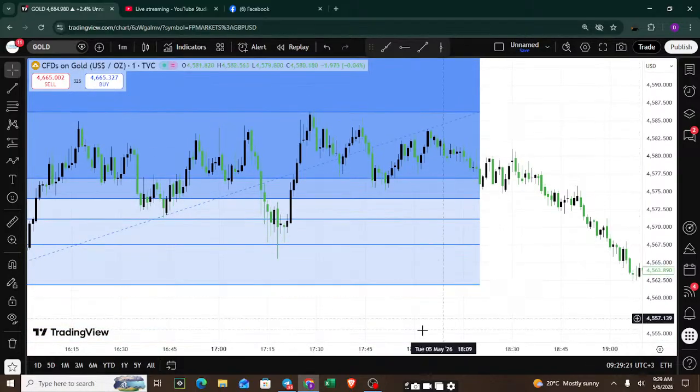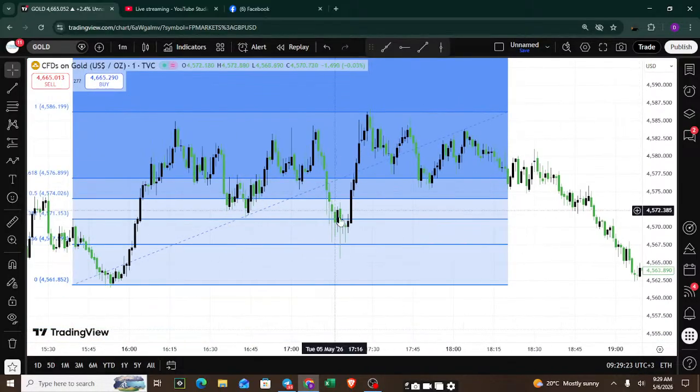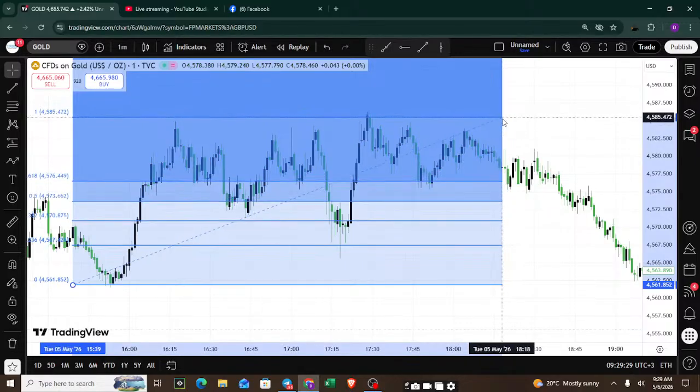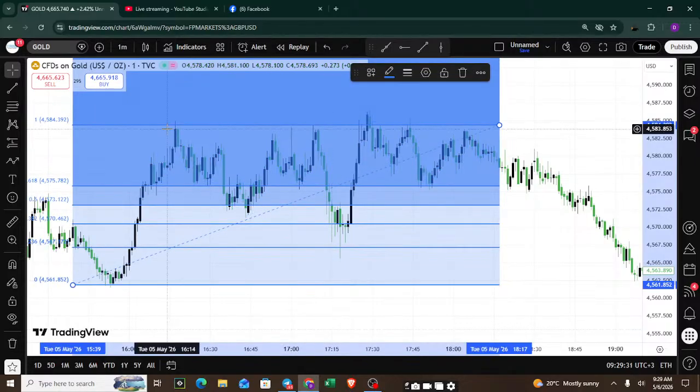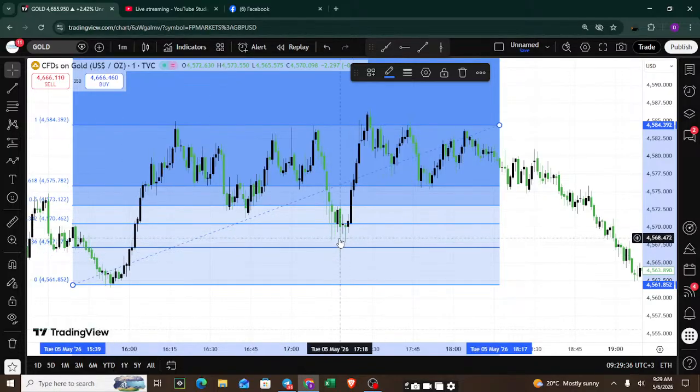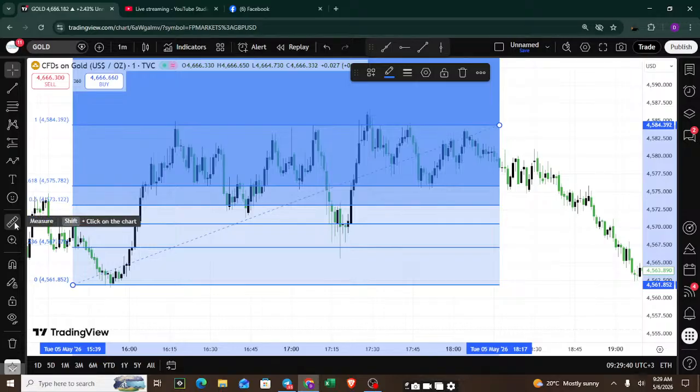For example, here we have our area of interest met. So in fact, we take this high and this low on the 1 minute time frame. Price wicked into this level yesterday, so you have to be there during the kill zone hours.